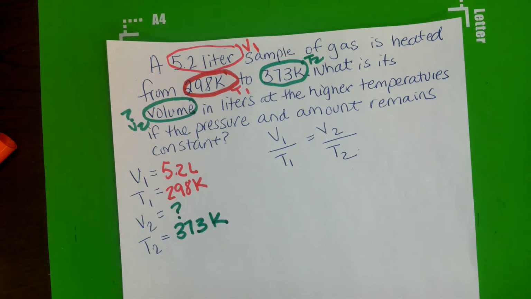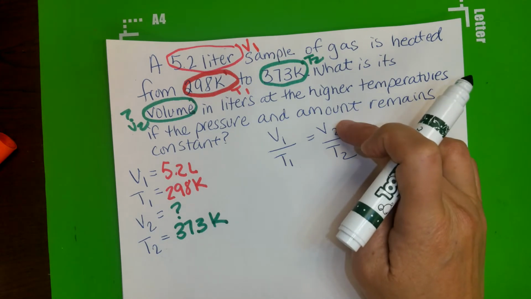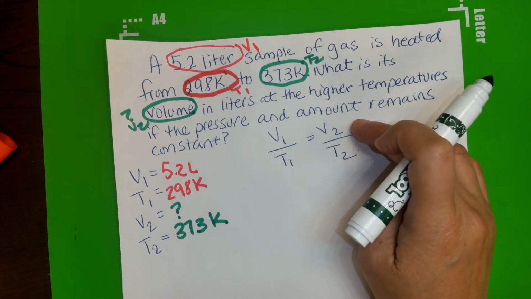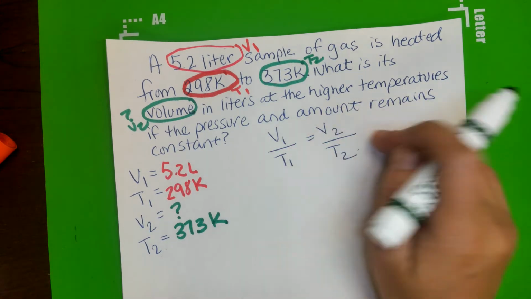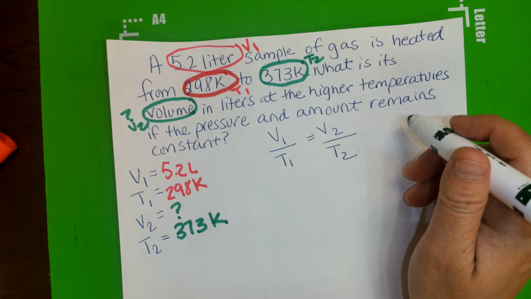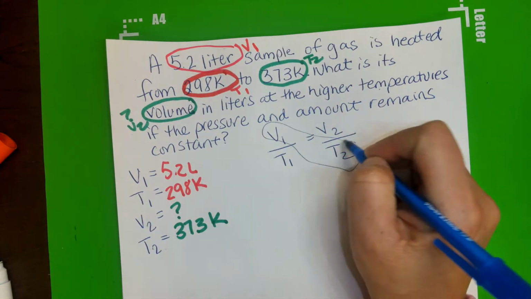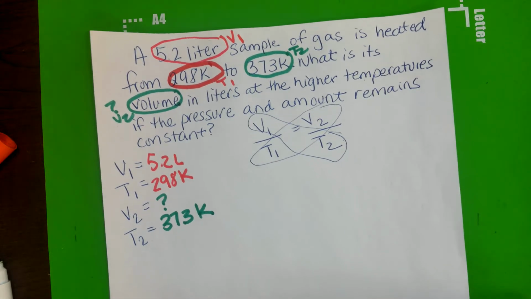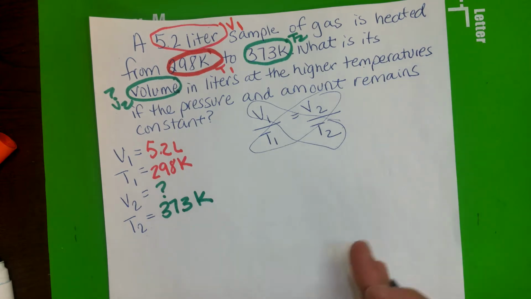Now since we're trying to find out the final volume, just like you saw, we do need to cross multiply. At least for this one, we're going to go ahead and cross multiply. Once you cross multiply, then you can easily move it around.